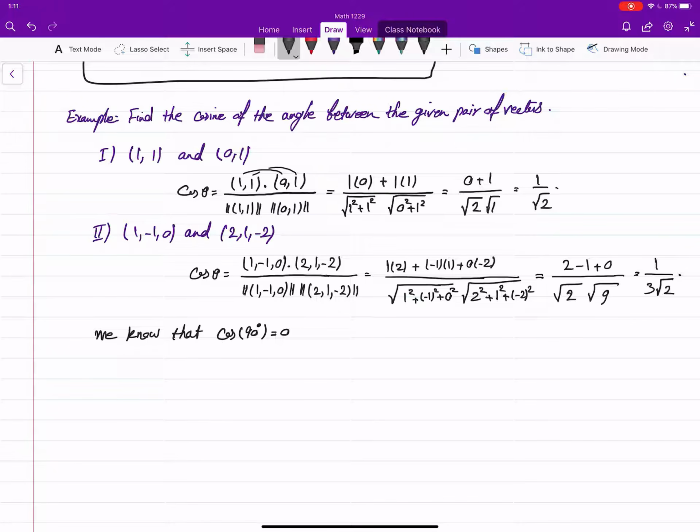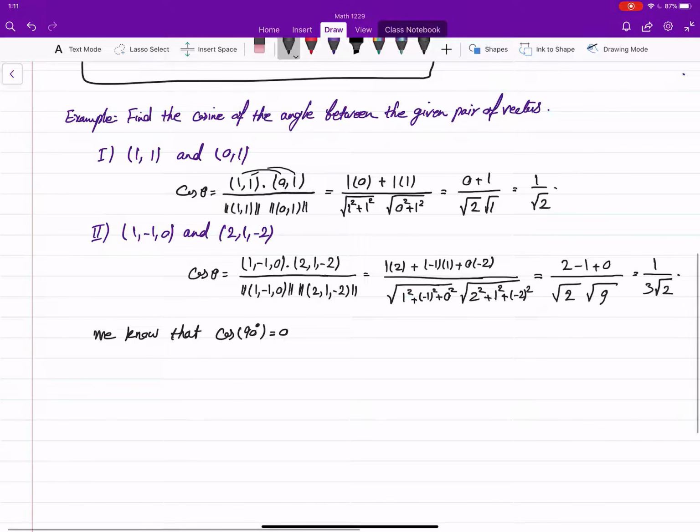That means that if two vectors are orthogonal, meaning the angle between them is 90 degrees, then u dot v is going to be length of u times length of v times cosine of 90 degrees. But cosine of 90 degrees is 0, so it will multiply anything else and make it 0. So if two vectors are orthogonal, their dot product is 0. And actually, the other way around is also true.